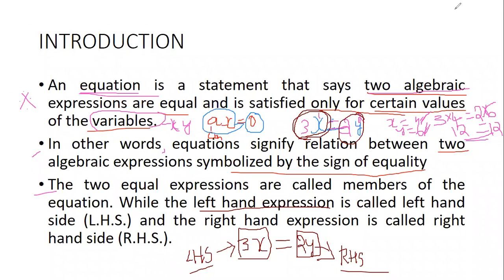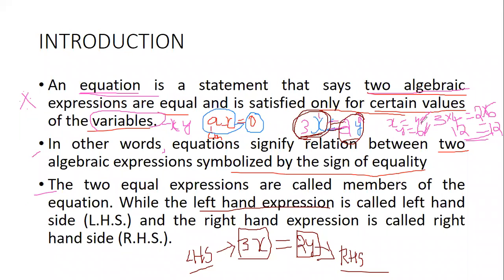Now let us revise the whole slide once, so that there is no confusion left at all. Firstly, an equation is a statement where you have two algebraic expressions like 3x and 2y which are equal. There's an equal sign, and it is satisfied by only certain values of the variable.